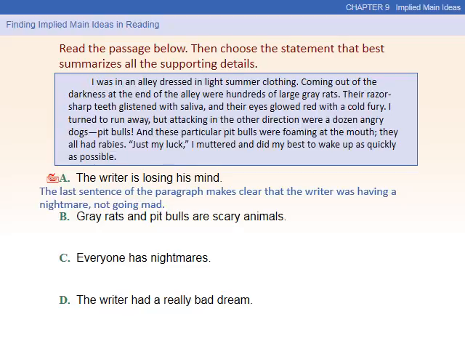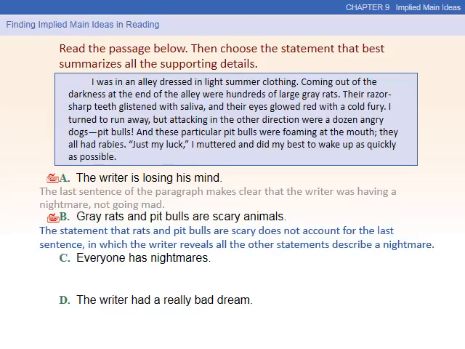Is the writer just trying to tell us that these animals are scary? And the answer is no, right? The statement that rats and pit bulls are scary doesn't account for the last sentence in which the writer reveals all the other statements described a nightmare. Okay?